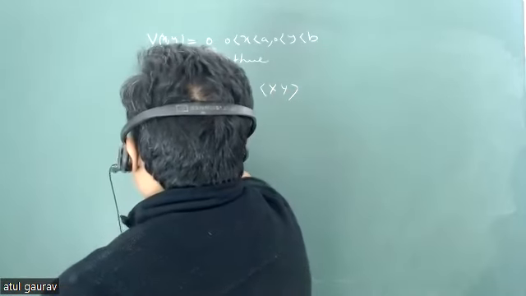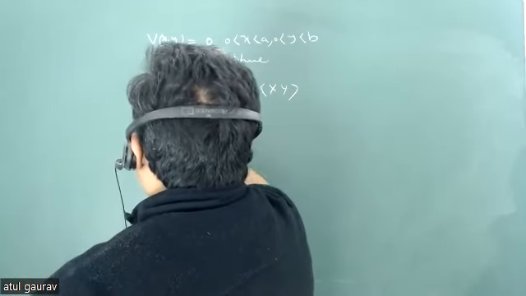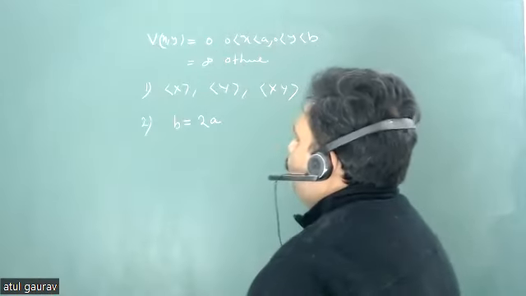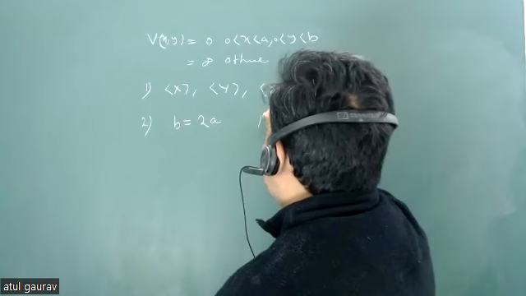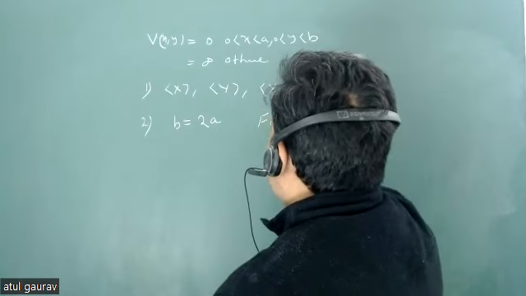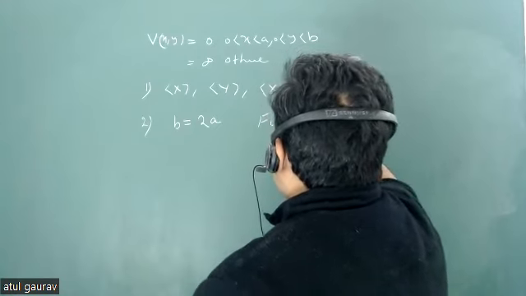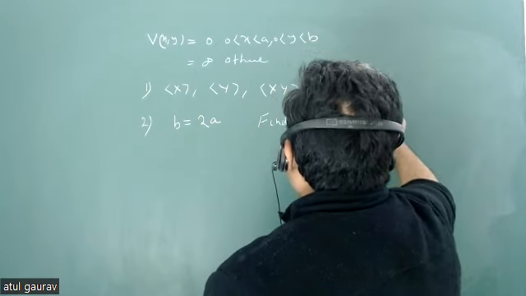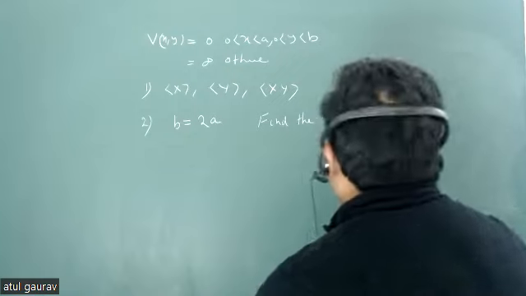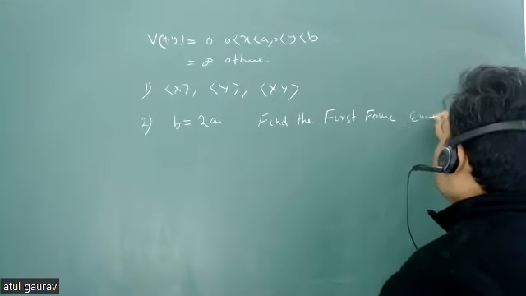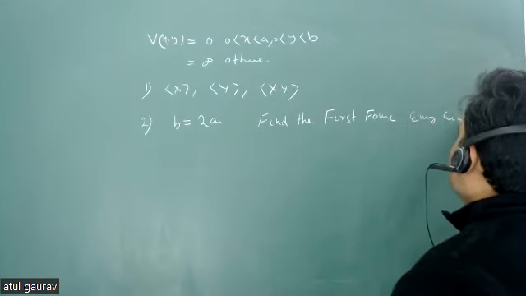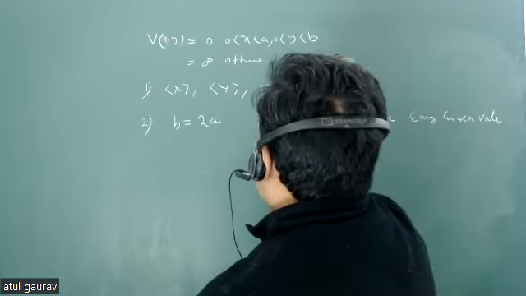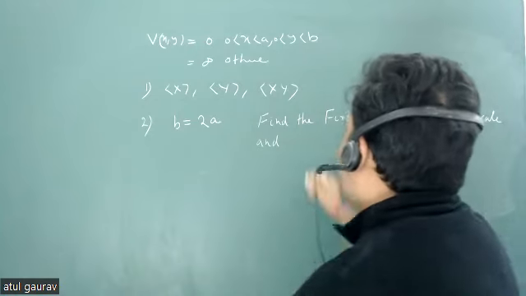Question number 2. For b is equal to 2a, find the first 4 energy eigenvalues and associated degeneracy.